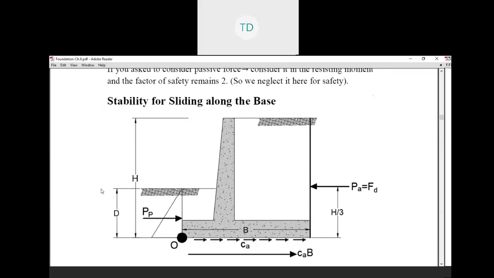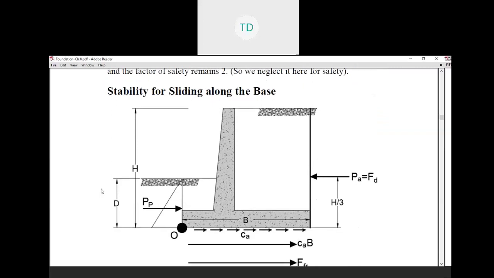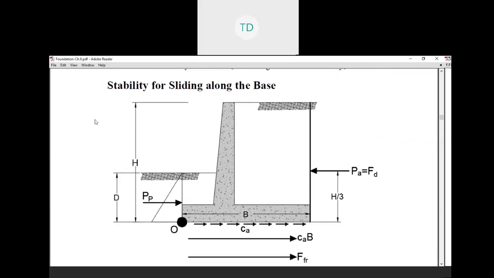Now the another stability check is stability against sliding along the base. The words stability against sliding along the base already give the answer of where the retaining wall slides from. Obviously, it slides from the base, but where the pressure is more, the sliding is more.